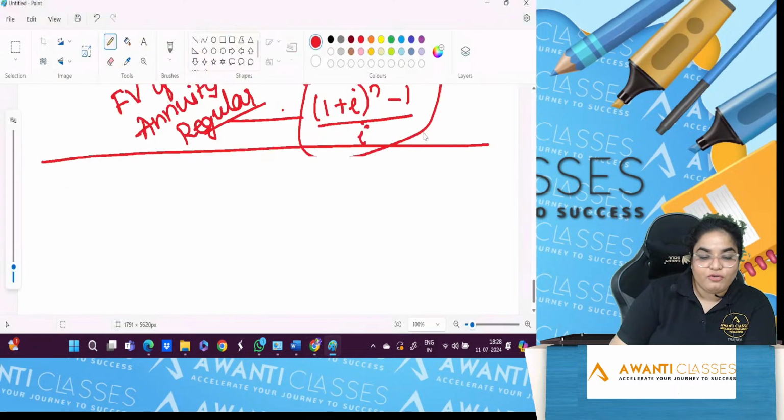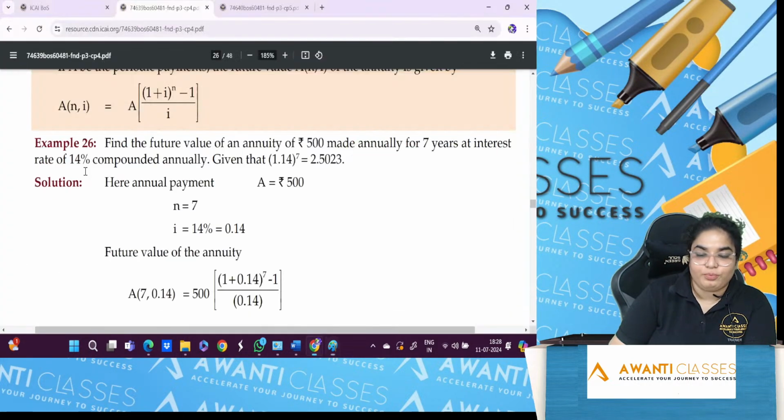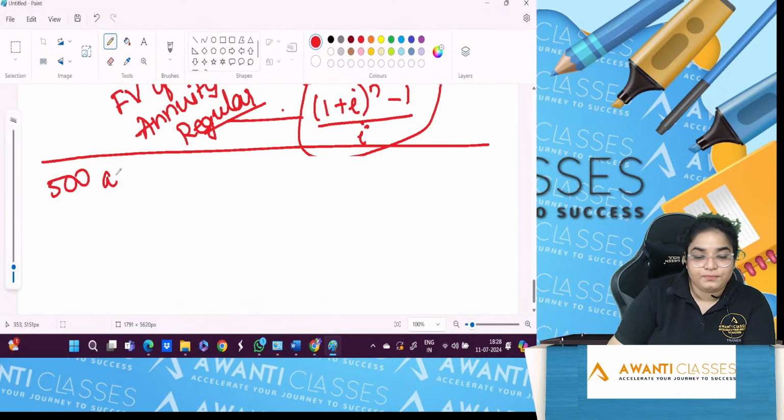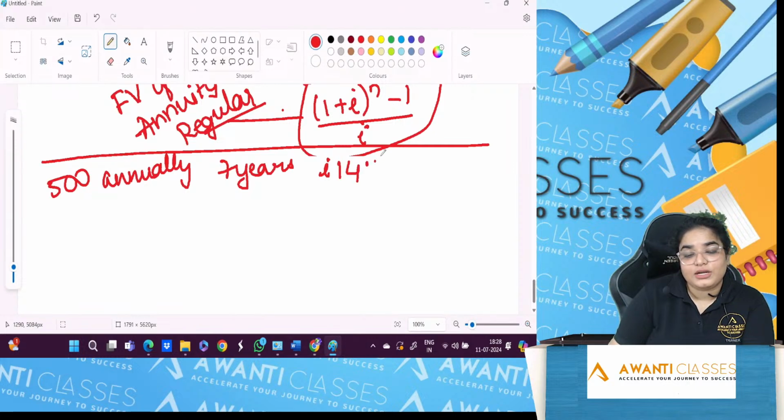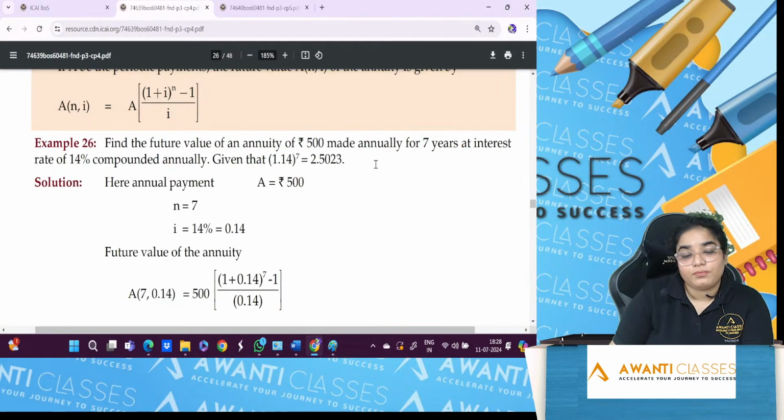Okay, future value of an annuity, that is 500 rupees annually for 7 years at interest 14%. And they've also given this nice clue.